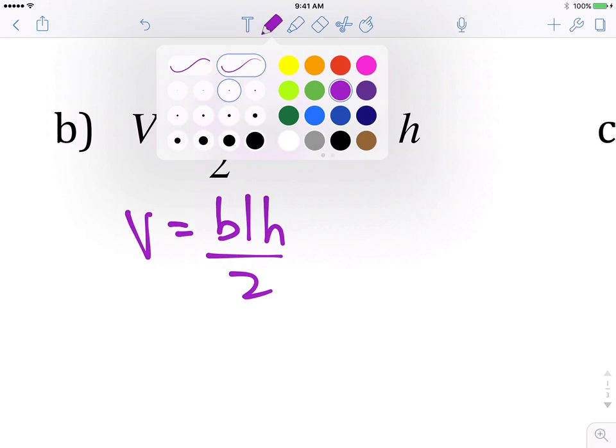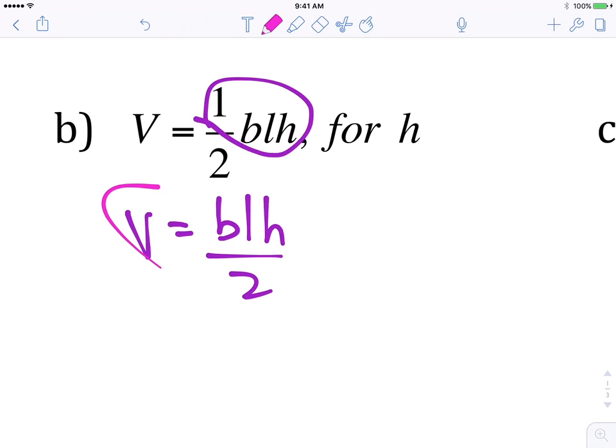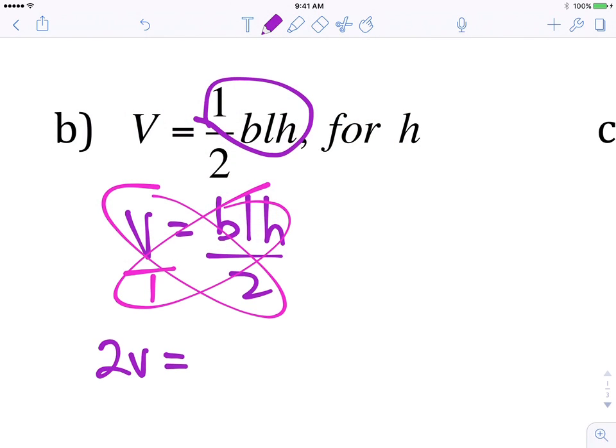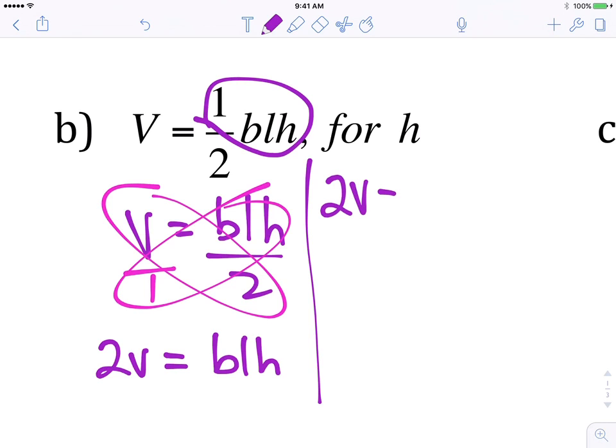If that's what you're given, then you can simply cross multiply. The denominator on the other side is really an imaginary 1. So we're going to have 2V equal BLH. Make sense? Now don't forget, the other way was multiplying both sides by 2. If I multiply the left side by 2, I get 2V.